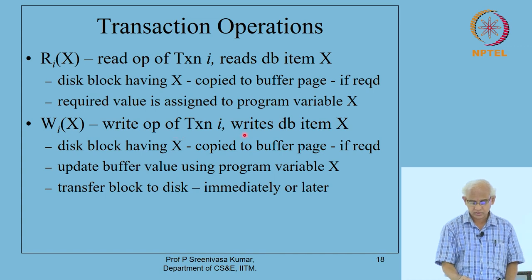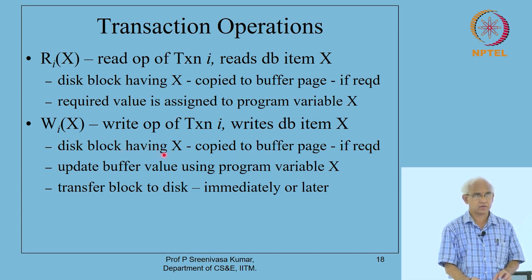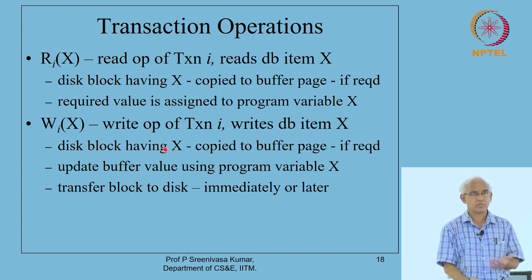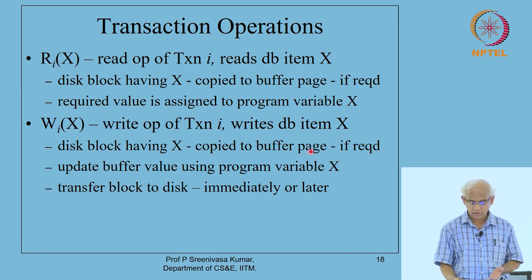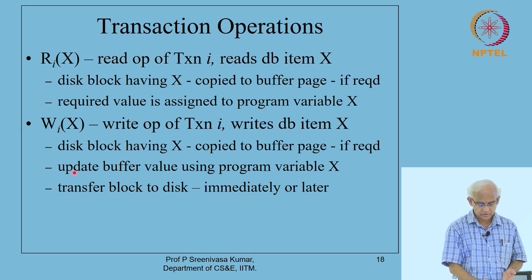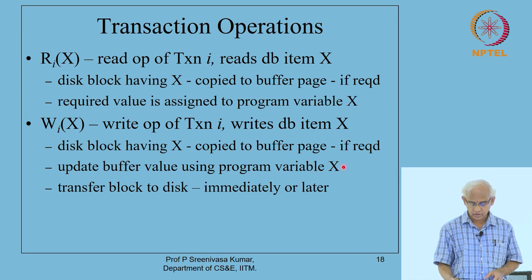It writes DB item X. Again, if you have to update the DB item X, you need to have the disk block containing this item X. If it is not already present in the buffer pages, then it has to be brought from the disk and made available to the transaction. The transaction will then update the buffer value using this program variable. The program has its own memory space, right.